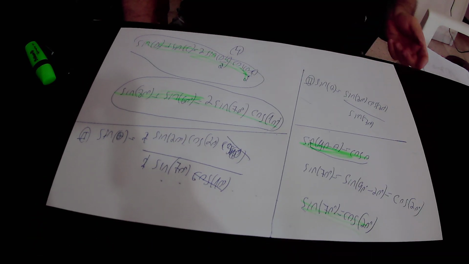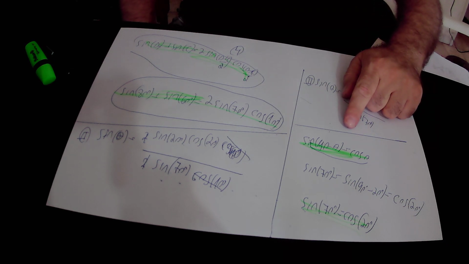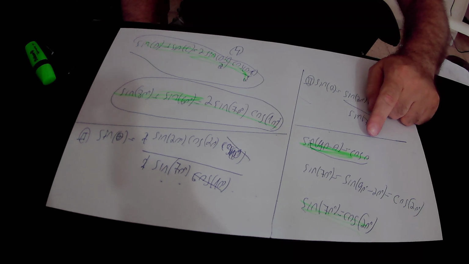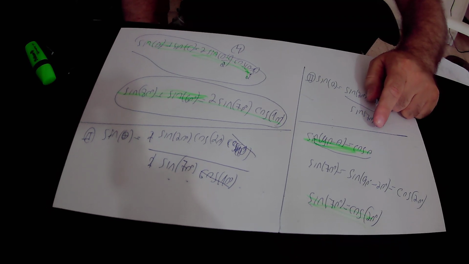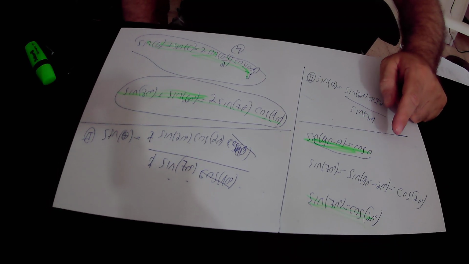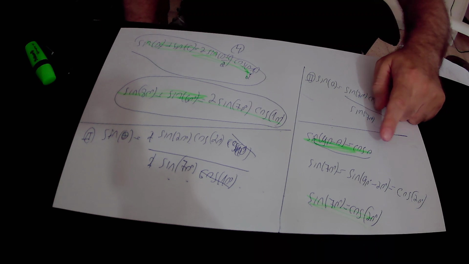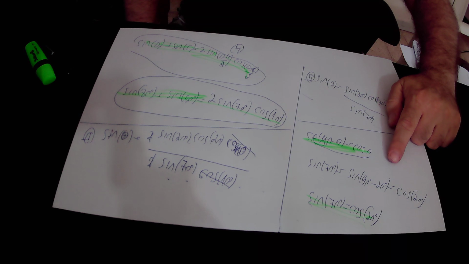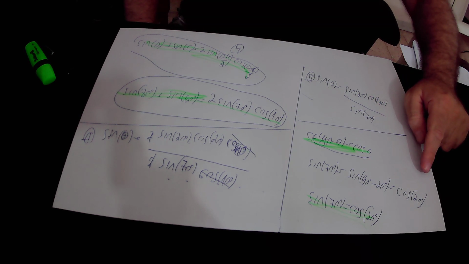Here we have the last trigonometric identity, which states that sin (90 degrees minus theta) equals cos theta. Therefore, sin 70 degrees equals sin (90 degrees minus 20 degrees), which equals cos 20 degrees.